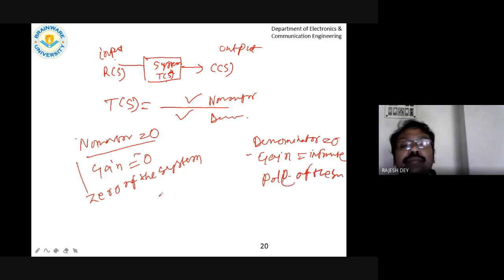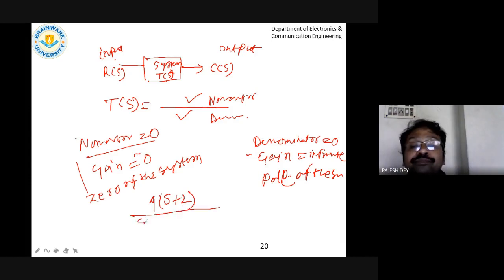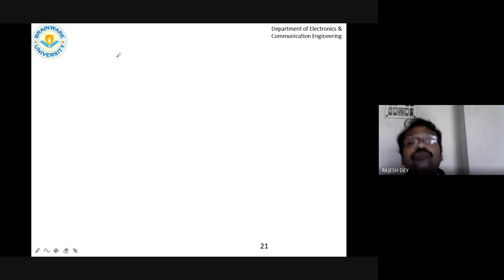Now take an example. Suppose the gain of a system is equal to 4 into s plus 2, expressed in the Laplace domain, over s plus 3 and s plus 4. So when we calculate the numerator, 4 into s plus 2 equal to 0, then s equal to minus 2.